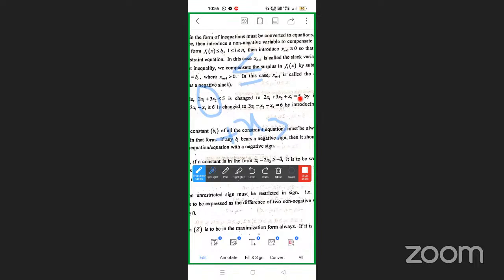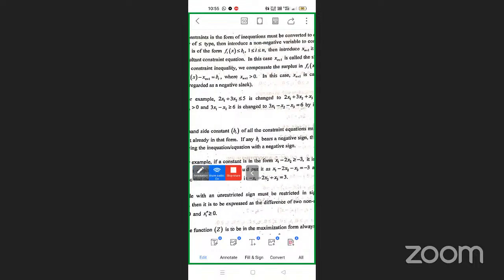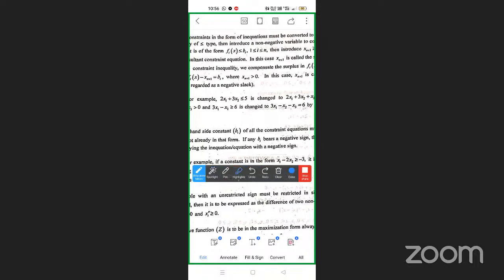In the greater than or equal to case, we subtract x3. For example, 3x1 minus x2 greater than or equal to 6. So this is higher compared to 6.